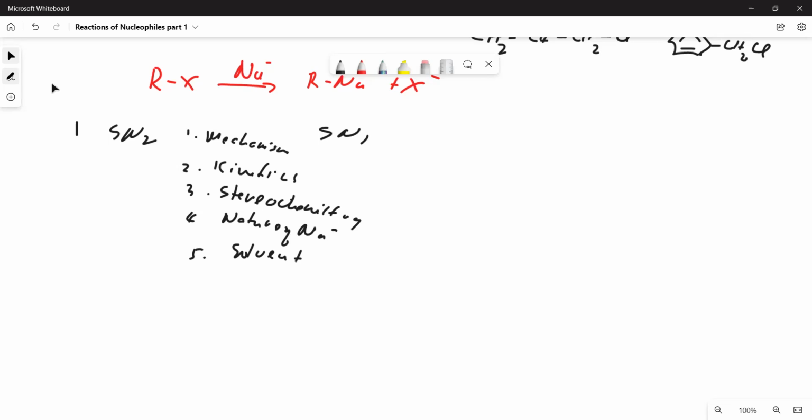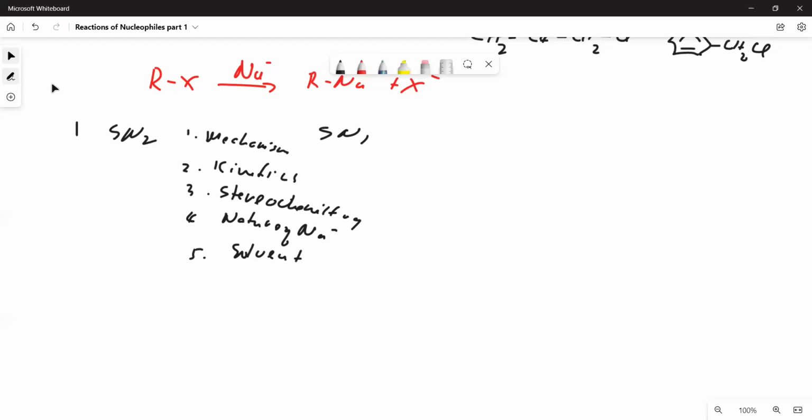The SN2 mechanism has only one activation energy, so that's why it has only a transition state. Therefore, we can describe the mechanism of SN2 as a concerted reaction, meaning a one-step reaction.